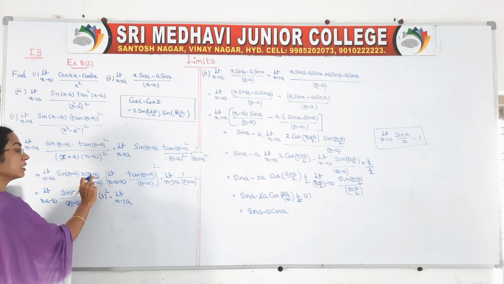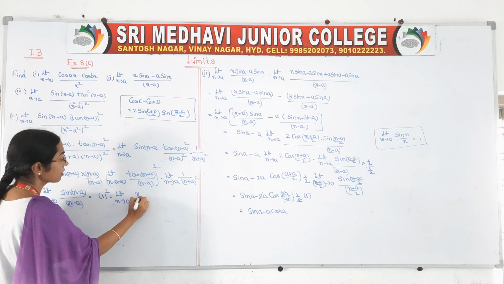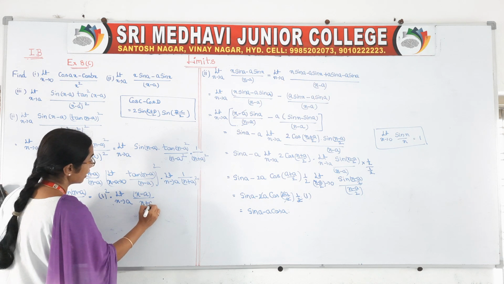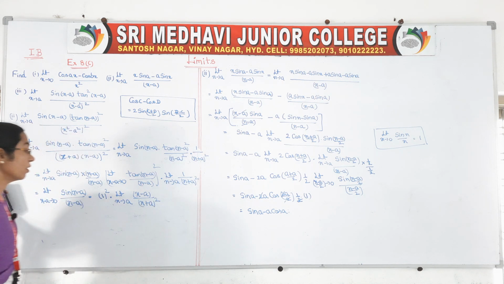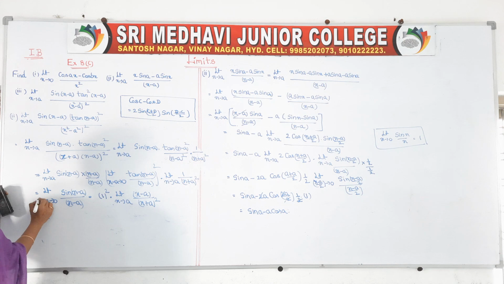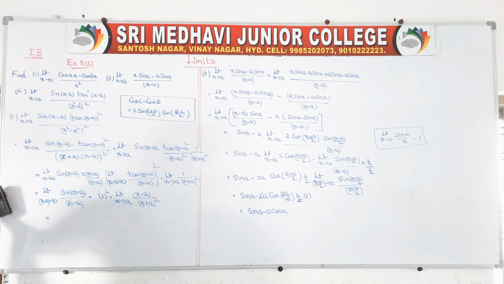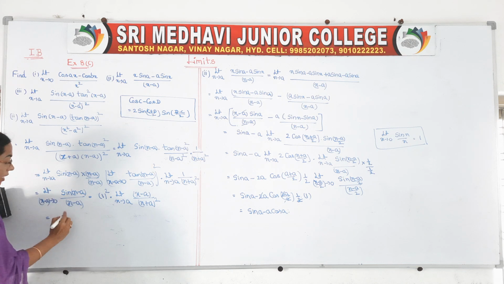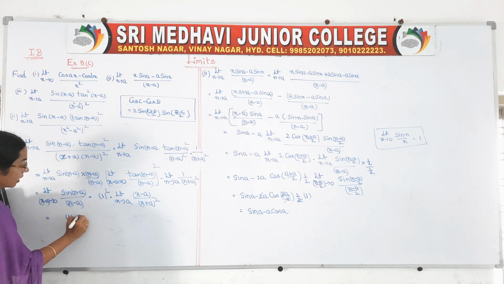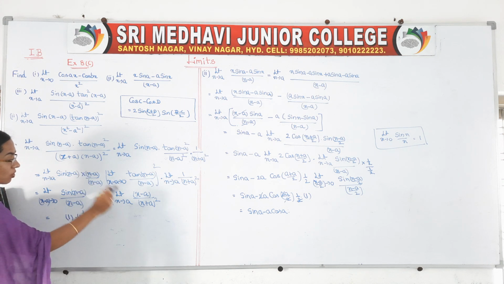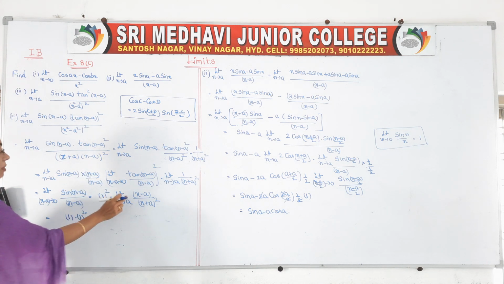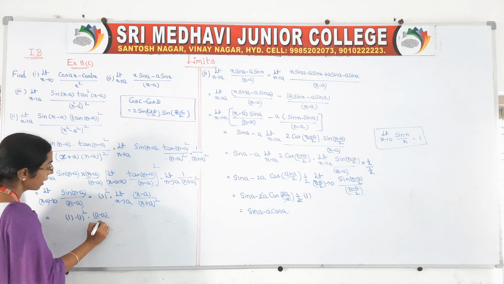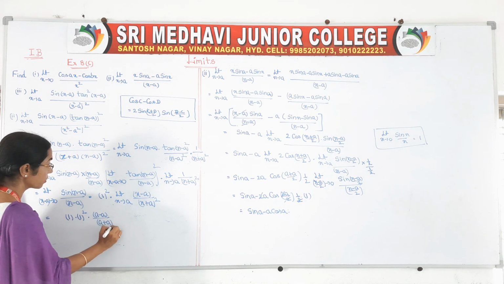I am sending this x minus a with this term, (x minus a) by (x plus a) whole square. Okay, so again it is a standard form, isn't it? Limit x tends to 0 sin x by x form. Its value is equal to 1. Its value is equal to 1 square. Now you apply the limit here. So it is (a minus a) by (a plus a) whole square.